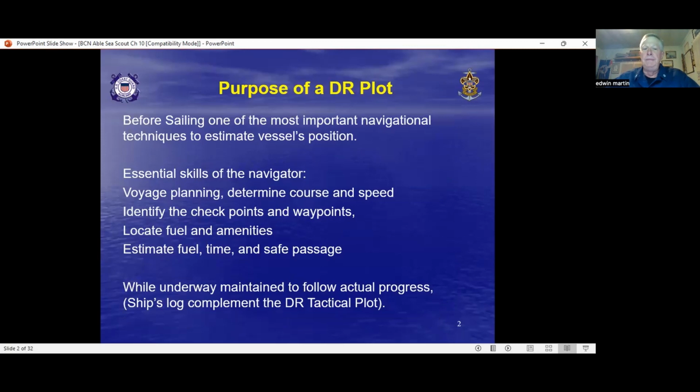One of the things, that I did a little bit of research on this, and it was sort of funny because they said Christopher Columbus was probably the first dead reckoning navigator, and he's quite good at it. But I would assume that there's probably a lot more that they just didn't call dead reckoning.